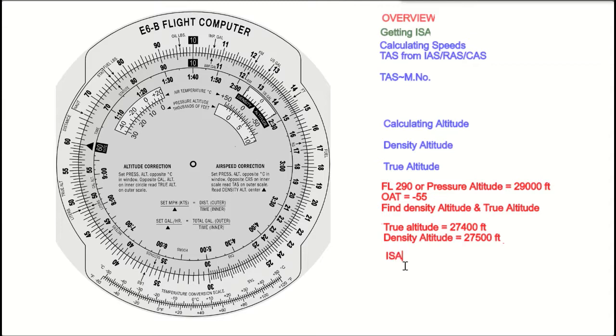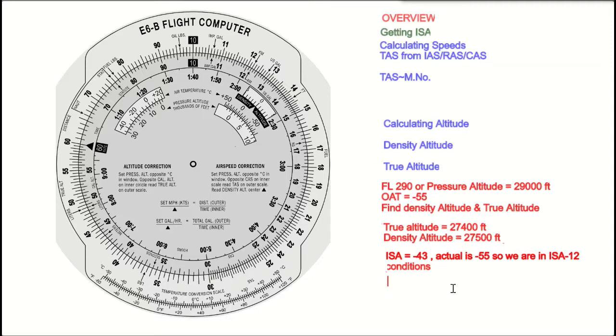ISA is equal to minus 43, actual is minus 55. So we are in ISA minus 12 conditions. ISA minus 12 conditions is where we are. Okay, so it is simple now.